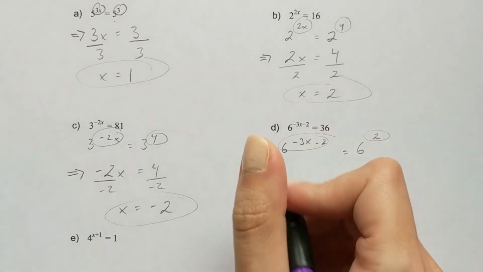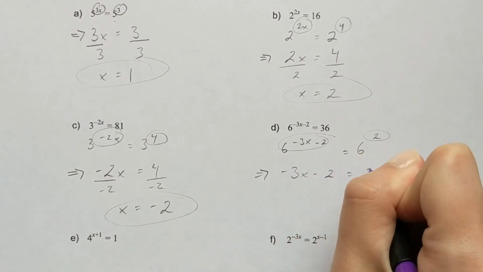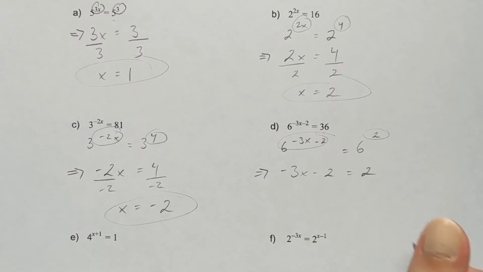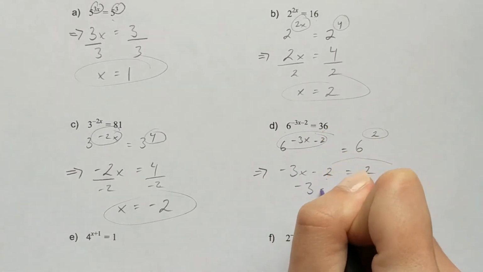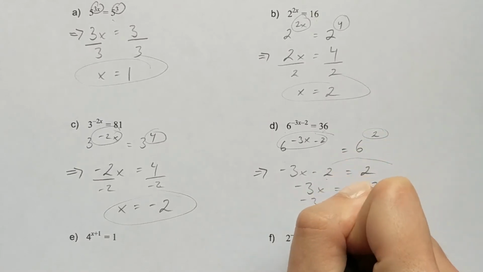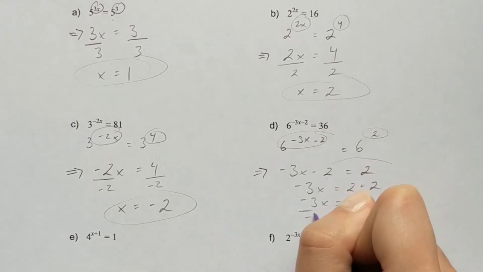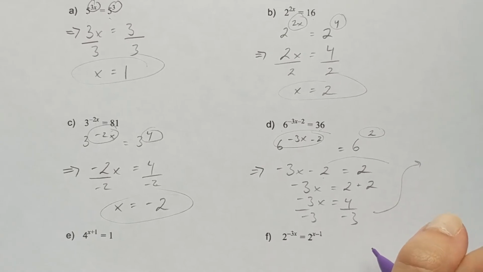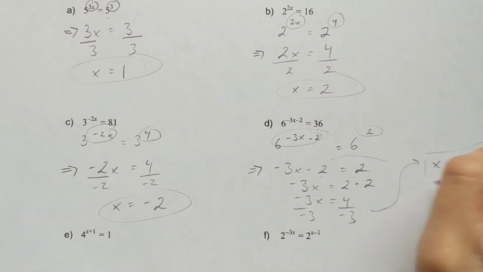So I can jump to negative 3x minus 2 is equal to 2. Now I just need to solve. I'm going to move my negative 2 to the other side, leaving me with negative 3x is equal to 2 plus 2, which is 4. I divide both sides by negative 3, and x is equal to negative 4 over 3 is my final answer.